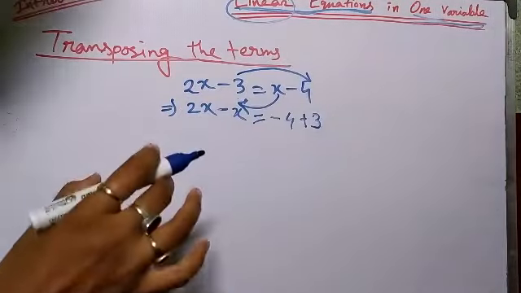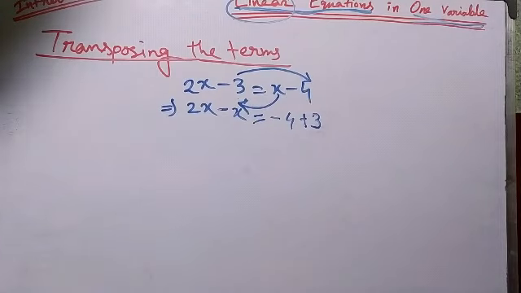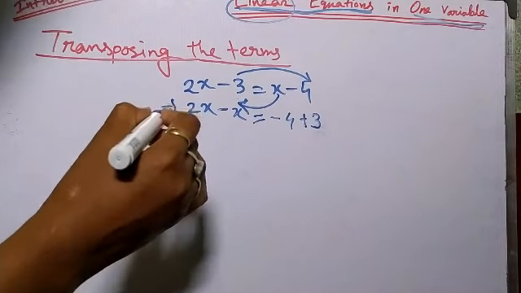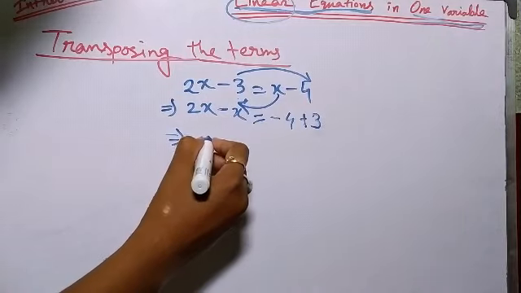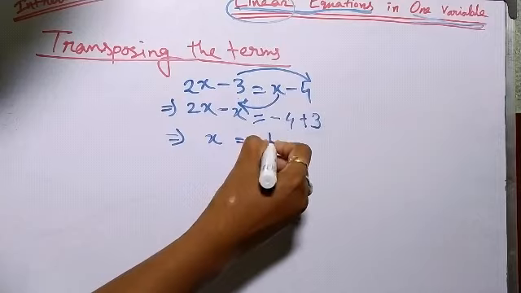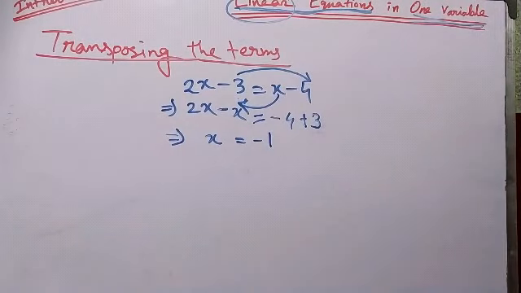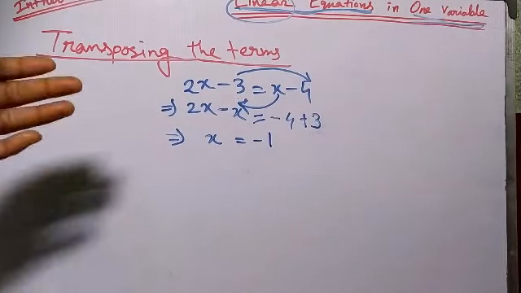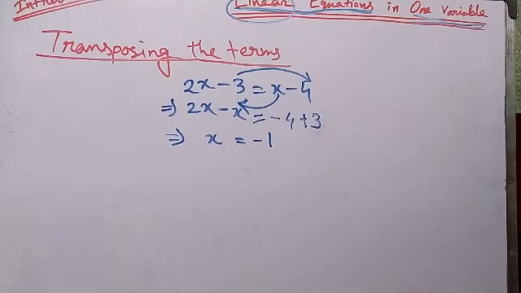So this process is called transposing the terms. Then we can solve it easily. That means 2x minus x, that means x equal to minus 4 plus 3, that means minus 1. So this process we have to use when we solve the equation.